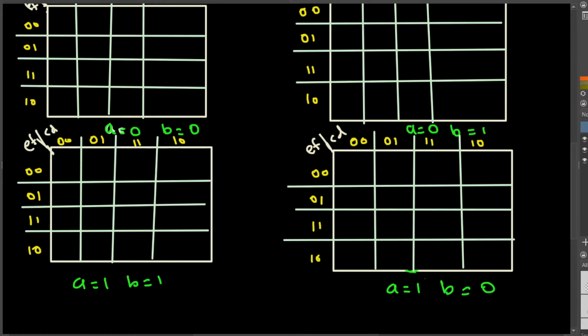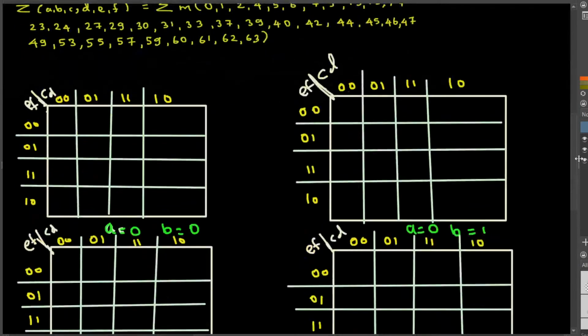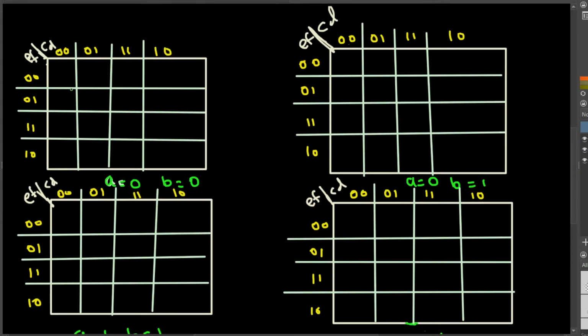Okay, now let's look at the locations. What does this location represent? Here, since we have A 0, B 0, we don't have to worry about it. We can just label it 0, 1, 2, 3 as we labeled before, right?